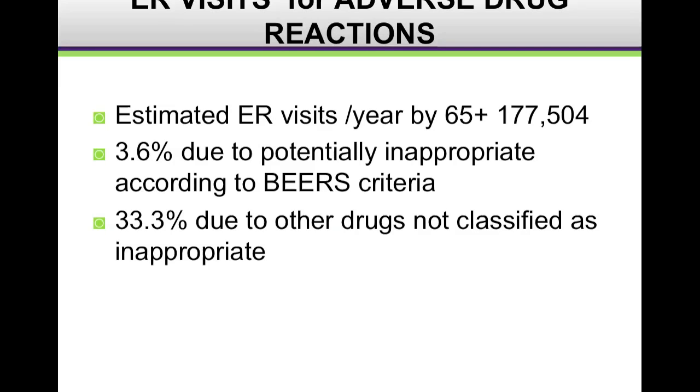Ten times as many have it due to drugs which are not classified as inappropriate in the Beers criteria. And this is because these are drugs which are in common use. Non-steroidal anti-inflammatory agents is one big group. Aspirin is another big group. Anticoagulants are another big group.